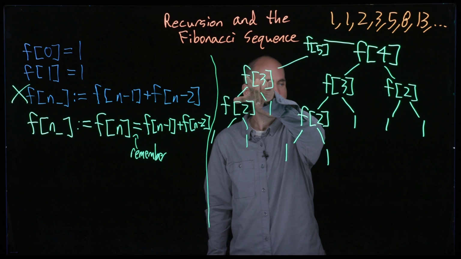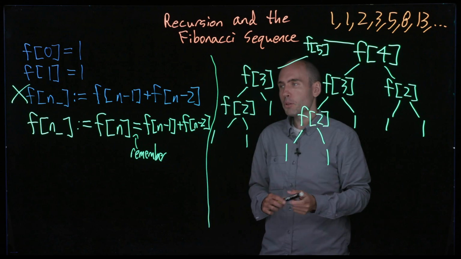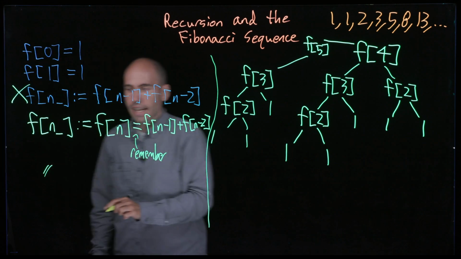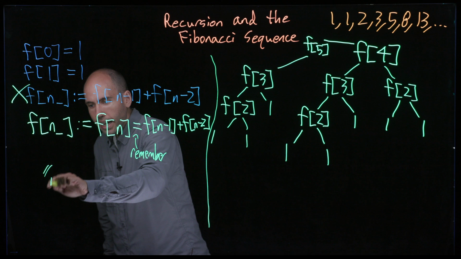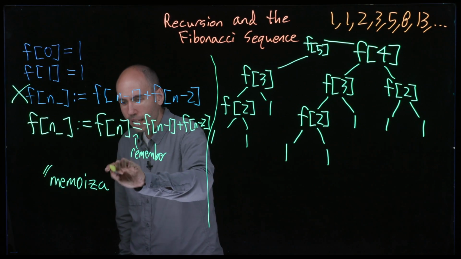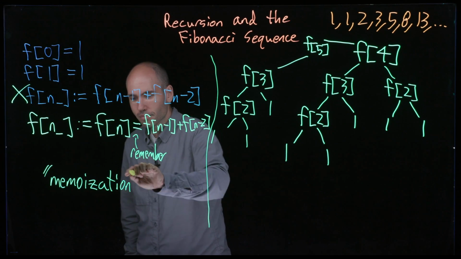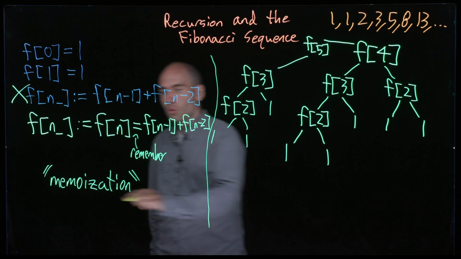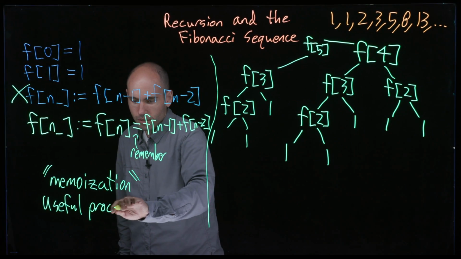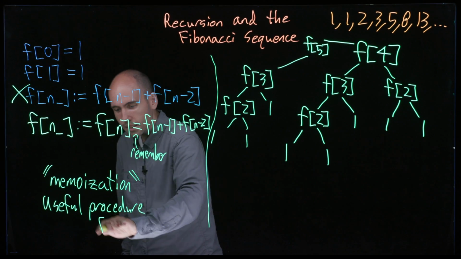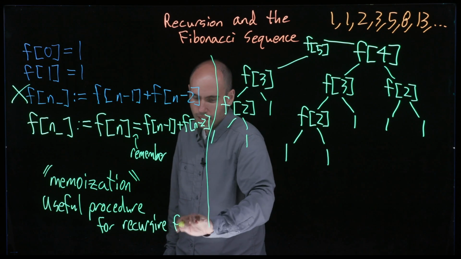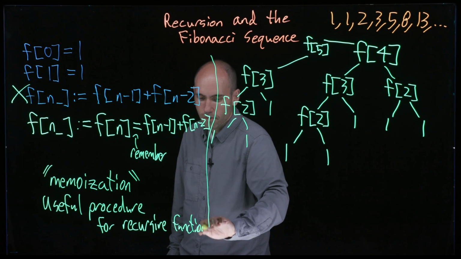It's just going to remember that this was equal to 3, so it's not going to compute it more than one time. And this is some procedure that has a special name in computer science, and that special name is memoization. So it's like memorization, but without the R. Hey, and that's a useful trick or a useful procedure for recursive functions. Okay, recursive functions like this Fibonacci sequence.